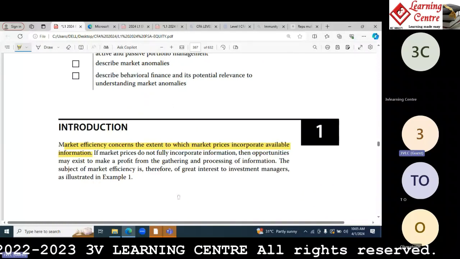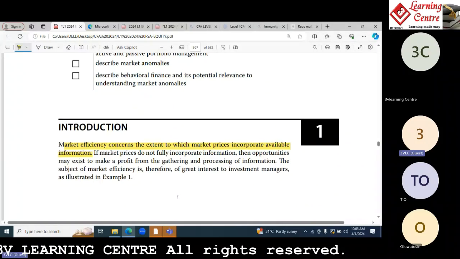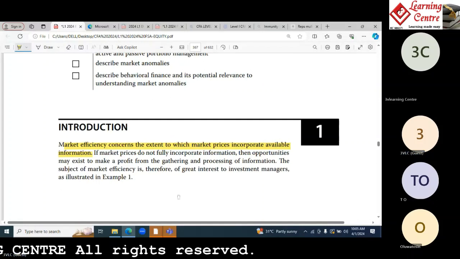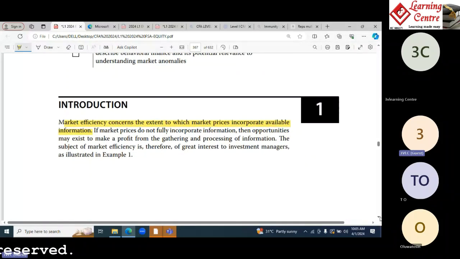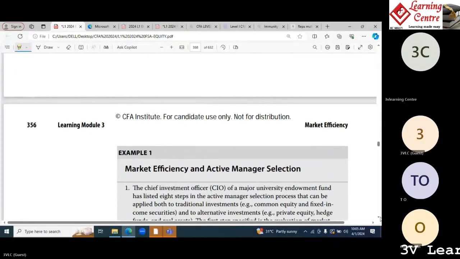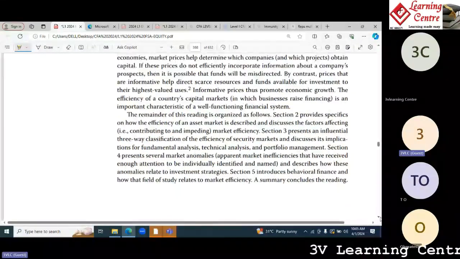So what is the true value of that investment? The true value should be driven by the information that all interested parties will have about that investment. And that is what market efficiency is saying: do the prices reflect or incorporate all available information? That's what market efficiency is all about.